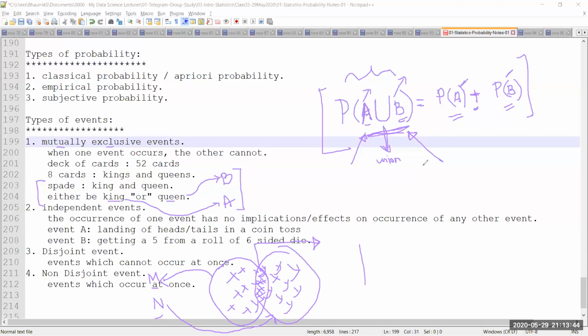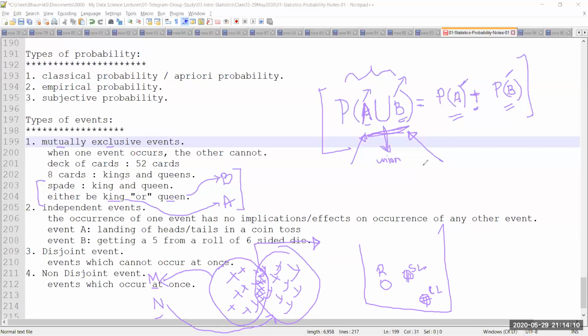For example, let's say I have a big bag and I have a lot of balls in there. I have three definitive types of balls. One ball is red, another ball has straight lines in them, another ball has crossed lines in them. So I have three types of balls: red balls, straight line balls, and cross line balls, so CL.